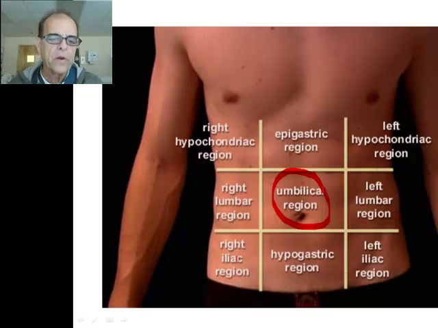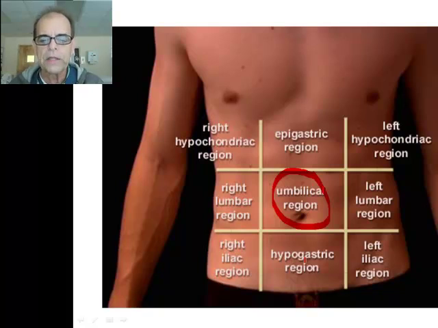Right iliac region, the appendix. Hypogastric region, a lot of organs are there. Uterus is the most important in the female. Prostate also is there. Urinary bladder. And the left iliac region, where there are not many organs good for ultrasound.